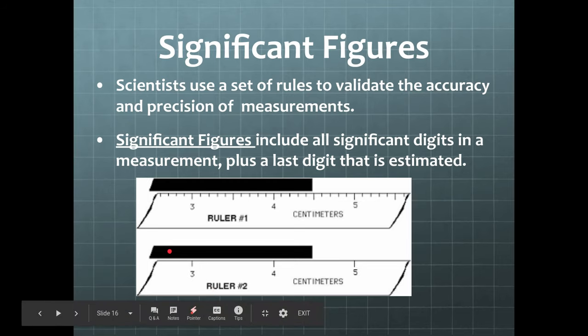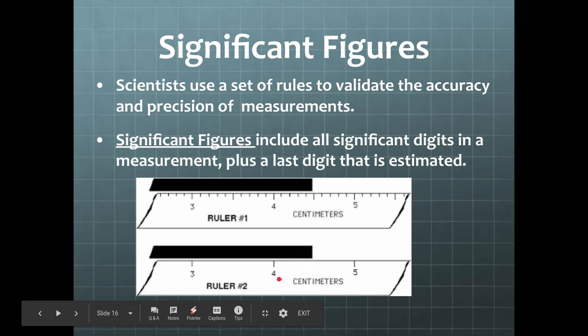And therefore, we might need to express these measurements a little differently. If I start with ruler number 2, remember, we always have to measure by estimating one place beyond what's marked on our ruler. What's marked on ruler number 2 are our centimeters. We've got 4 centimeters and 5 centimeters.